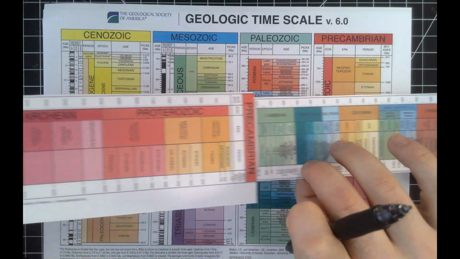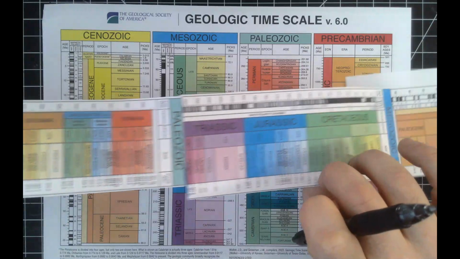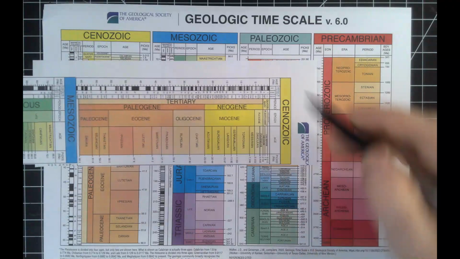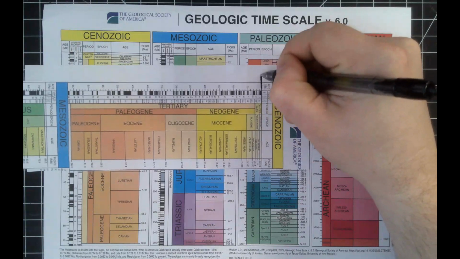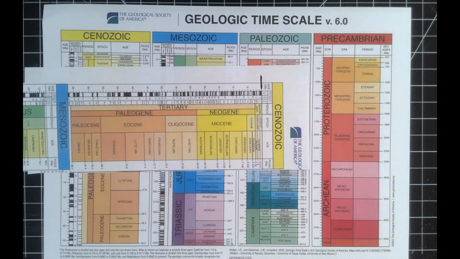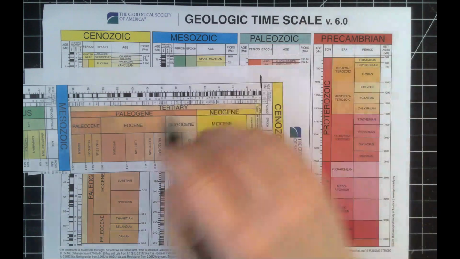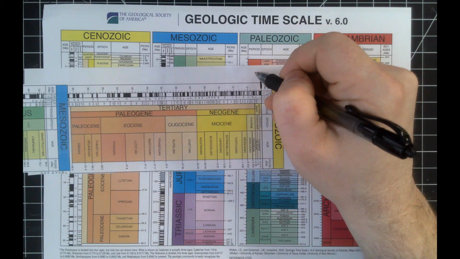And we can run through each of these different sections as time moves on and continues all the way until we get to our modern day, which would be this point right here at year zero, or well, year zero is obviously a little bit further back, but 2024, 2025.